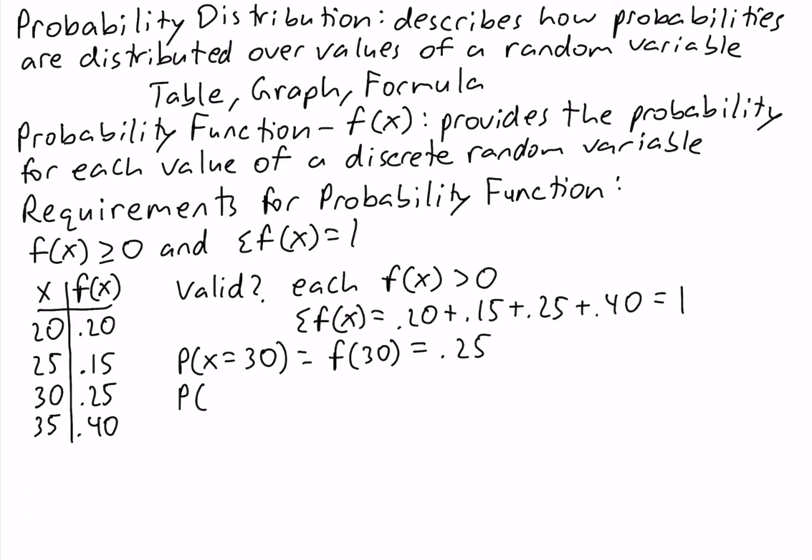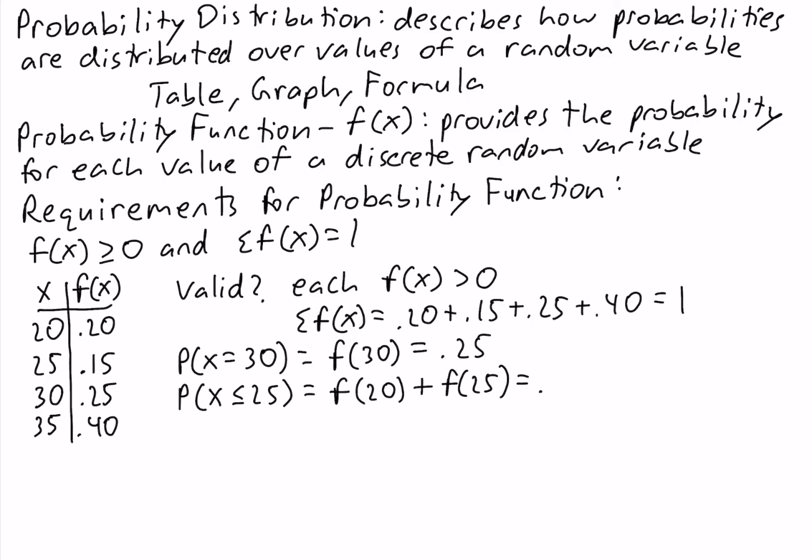Now let's calculate the probability that x will be less than or equal to 25. Now there are two values of the random variable that satisfy x less than or equal to 25, and those are 20 and 25. So this is going to be equal to the probability that x equals 20 plus the probability that x is equal to 25.